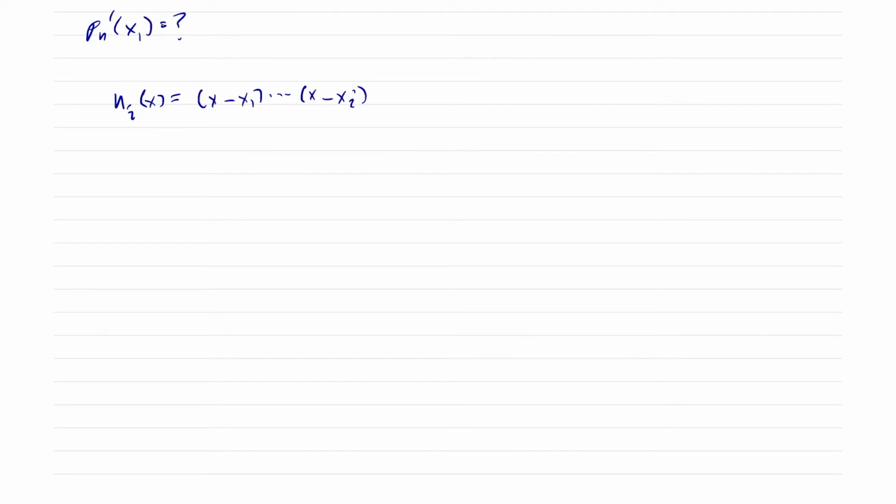So if we take the derivative with respect to x, what is that going to give me? Well, it's going to be like a product rule, right? So if I had, say, x minus x1 times x minus x2, then this is going to give me the derivative of the first, which is just 1, times the second, x minus x2, plus the first times the derivative of the second, right?